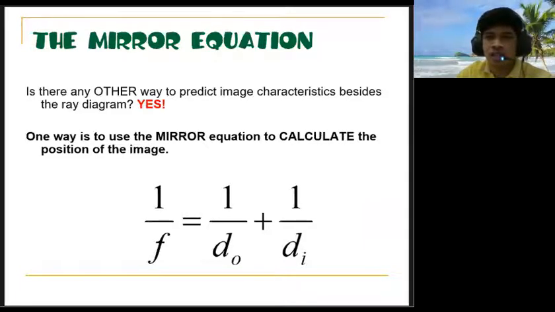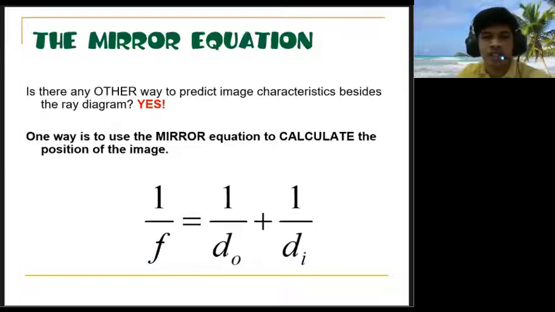So 1 over f equals 1 over dO plus 1 over di, where f is the focal length, dO is the distance of the object from the mirror, and di is the distance of the image from the mirror. Very easy to remember, right?